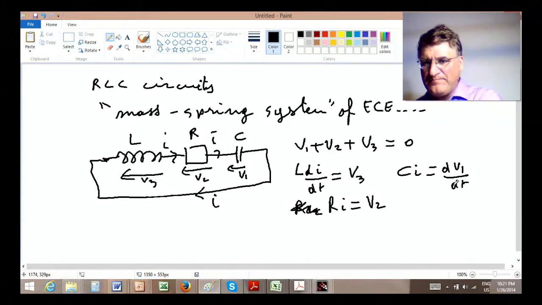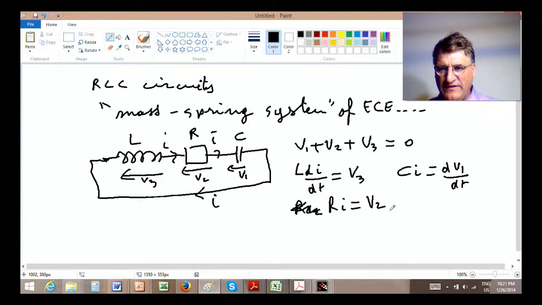Okay? So with all these, we can first use the Laplace transform.